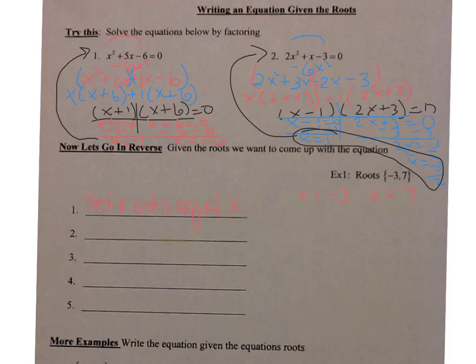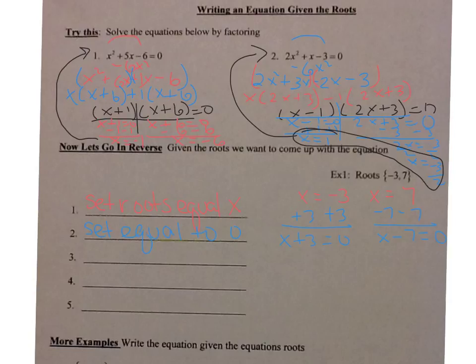The next step would be to set equal to 0. To get x is equal to negative 3 equal to 0, I have to add 3. So x plus 3 is equal to 0. And on the right one, subtract 7, x minus 7 is equal to 0.